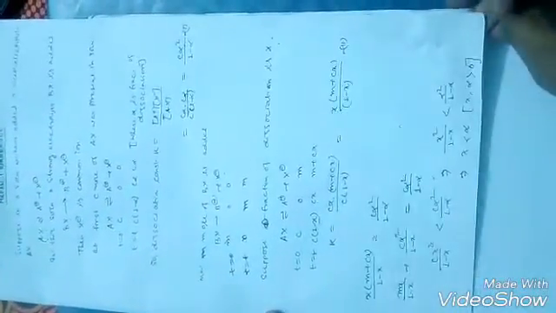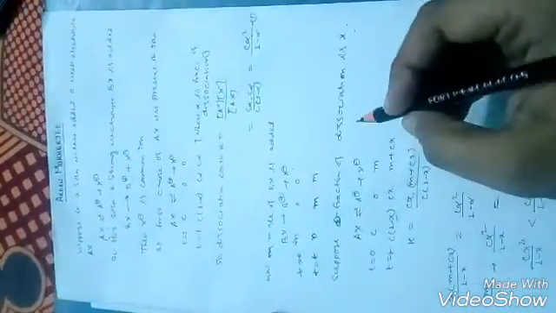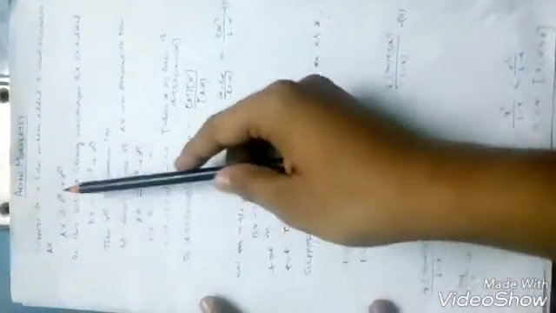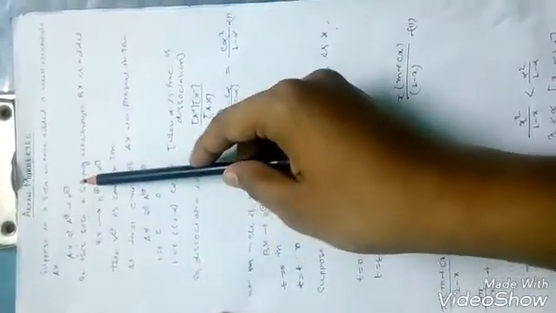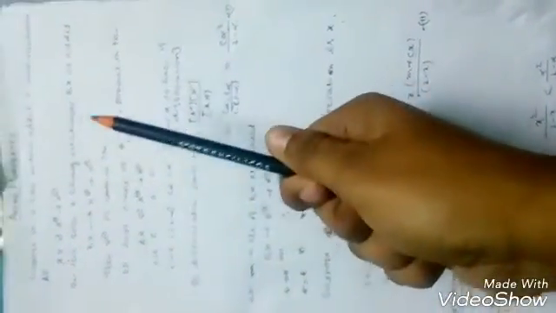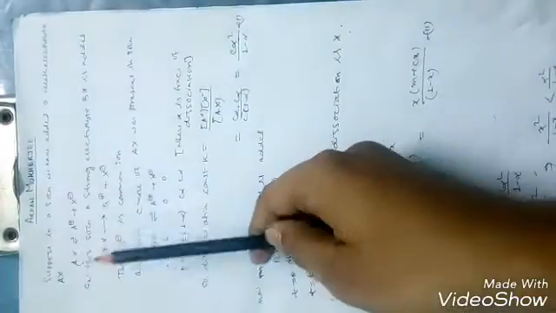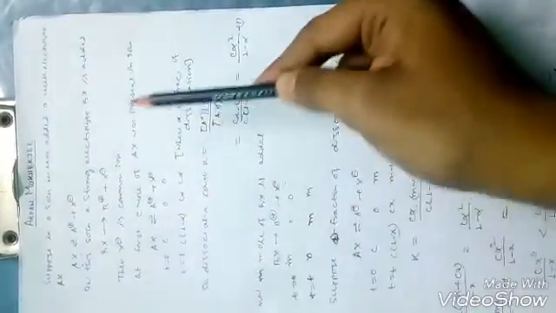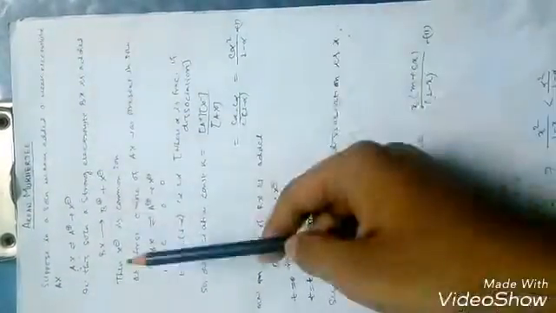Okay. Now I am telling it once more for repetition: we have added AX in the solution, which dissociates into A plus and X minus. As it is a weak electrolyte, it will partially dissociate, and then we have added a strong electrolyte BX of M mole, which will release B plus and X minus.